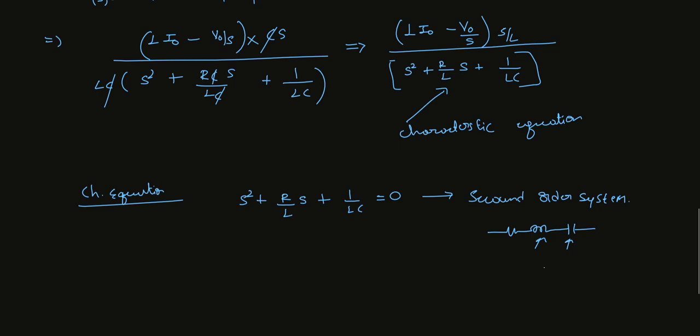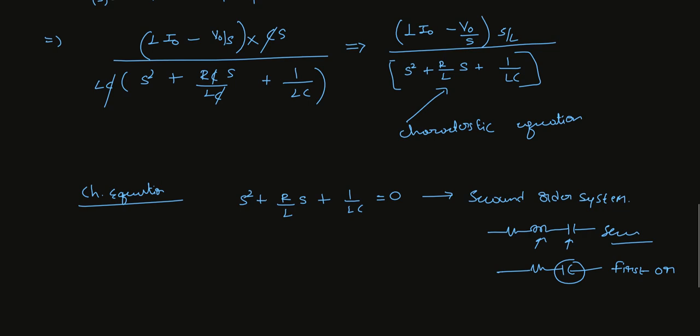L and C are the two storing elements. If you compare with the LC circuit, for example, here we are having only one storing element, so this is the first order system. Okay, so this is the second order system. So this is a second order characteristic equation of the series RLC circuit with the source free circuit. This is a source free circuit.